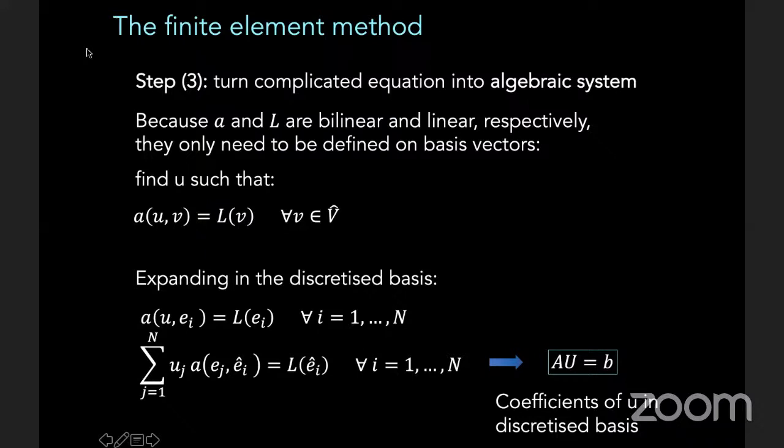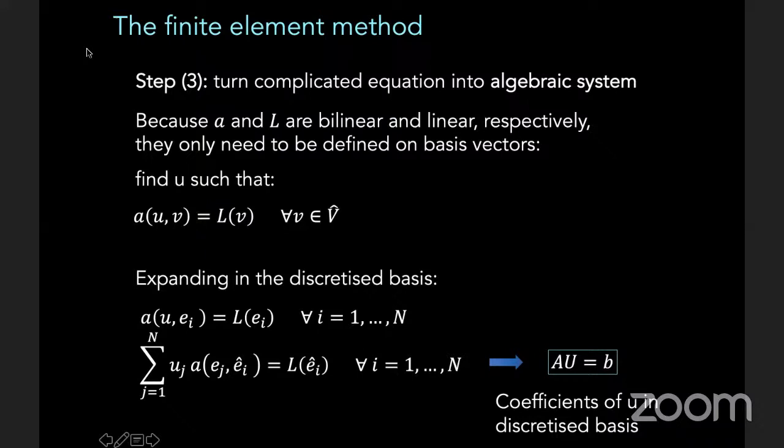Now this is bilinear by definition. Then this becomes your bilinear form evaluated on basis vectors, and this is by definition a matrix. And then I can also make a U vector with the U_j.